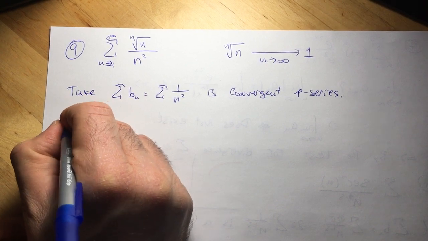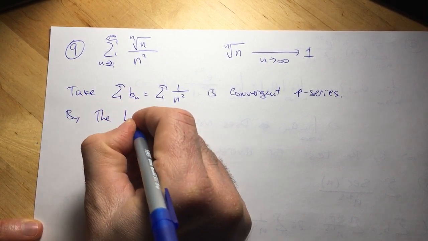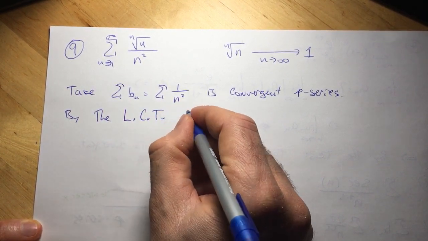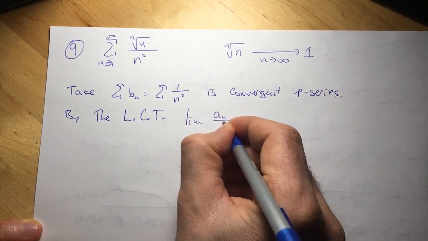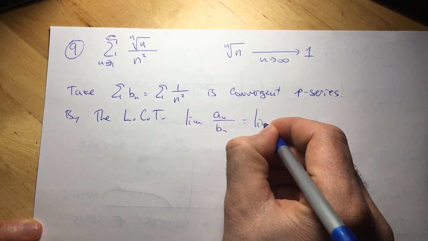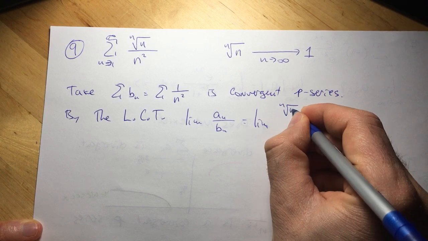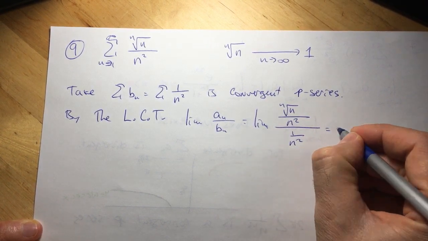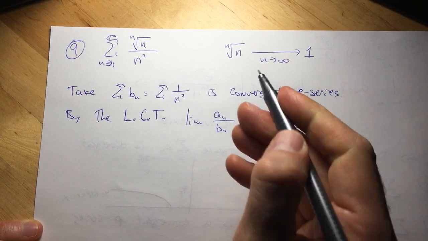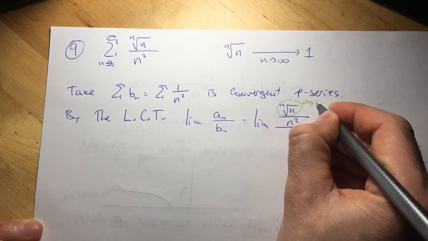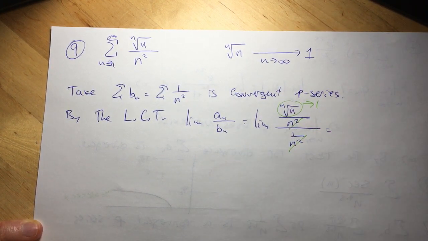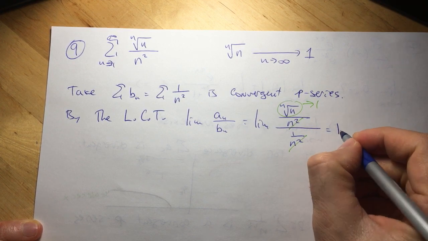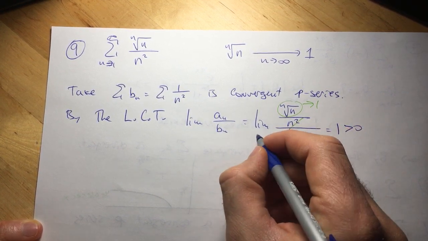then by the limit comparison test, the limit of an over bn is equal to the limit of nth root of n over n squared over 1 over n squared, which is equal to, well, this expression approaches 1. We cancel these two. 1 over 1 is 1, which is greater than 0.